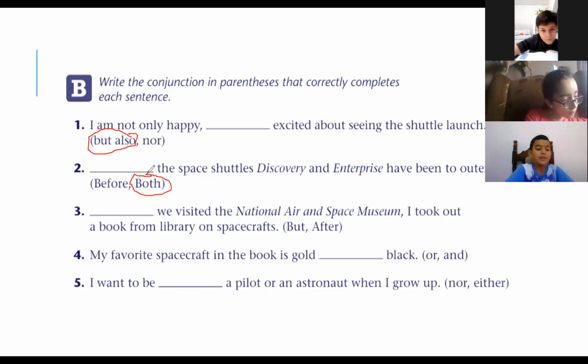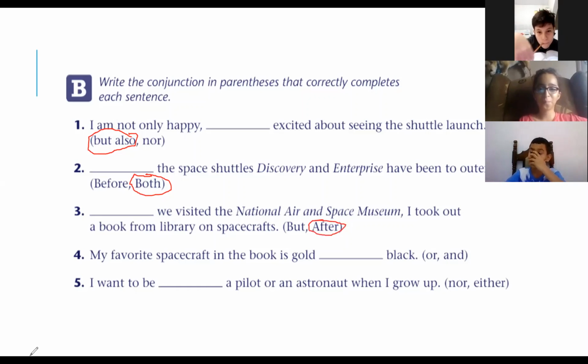It's after. For number 4, my favorite spacecraft in the book is gold and black. And number 5, I want to be either a pilot or an astronaut. Okay?